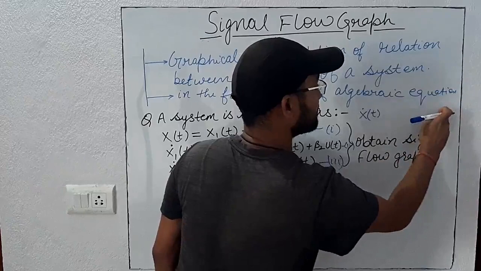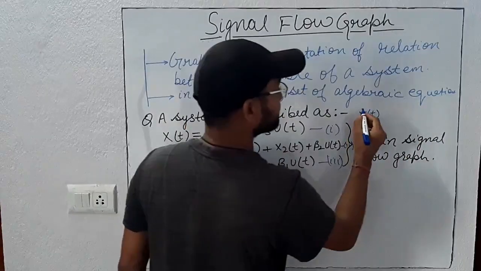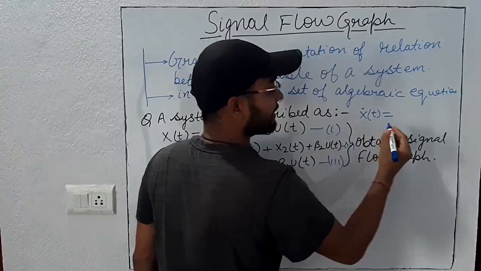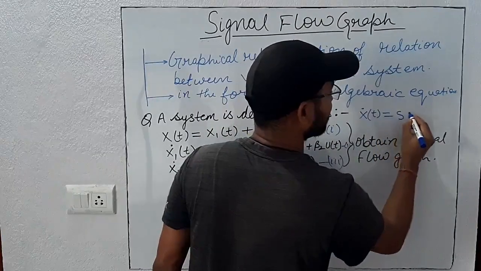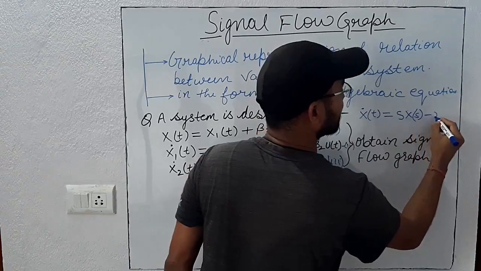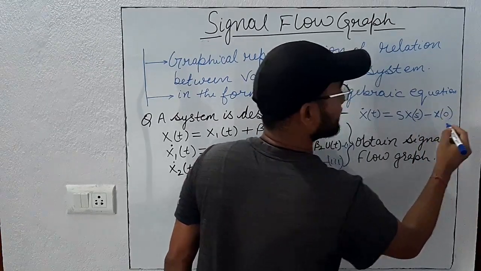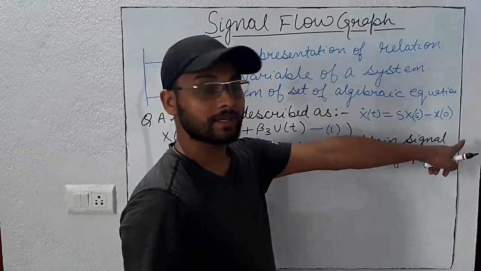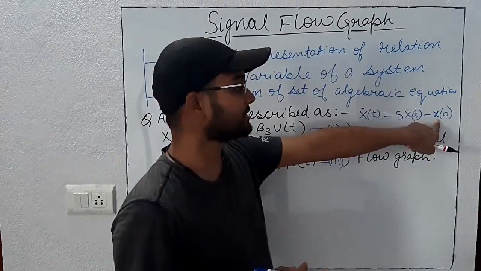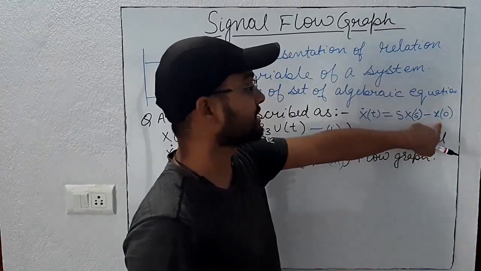I need to do a little adjustment. Whenever x dot t is given, we can write the Laplace transform of this as xs minus x0. Here x0 is the initial condition, meaning at time instant 0, what is the value of the function x.